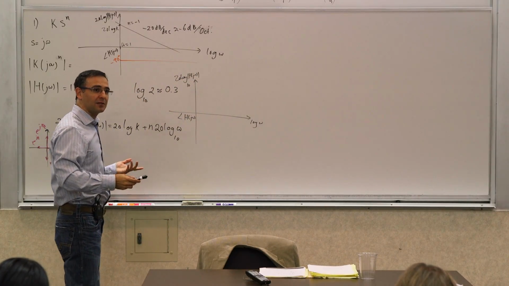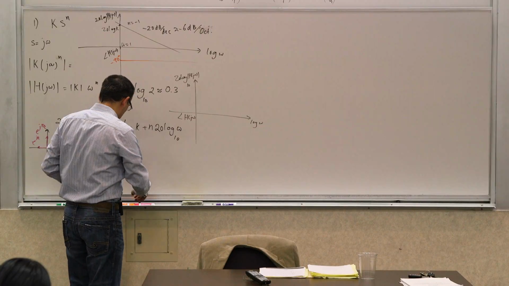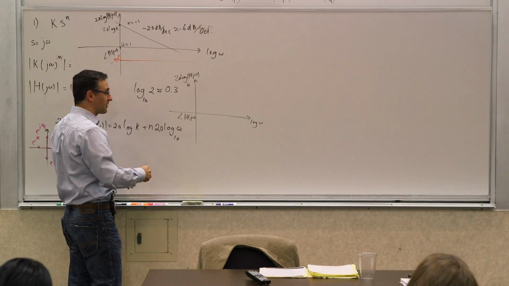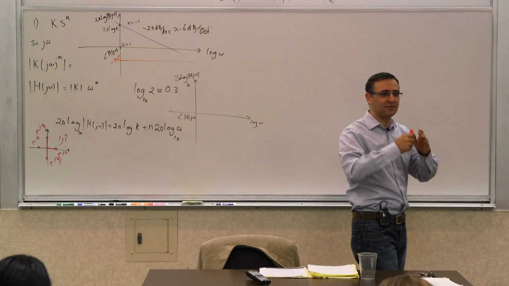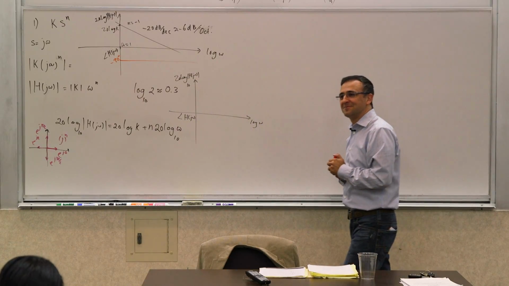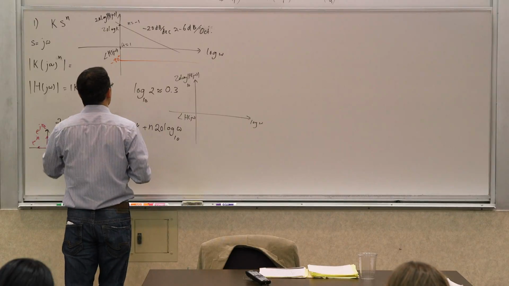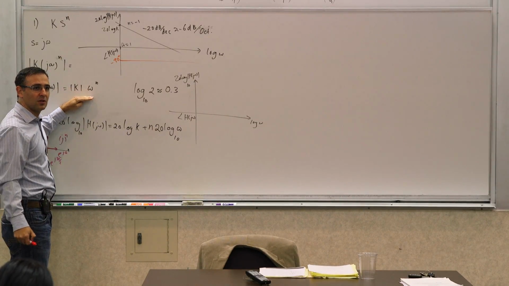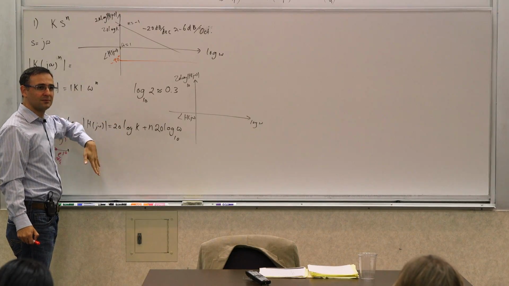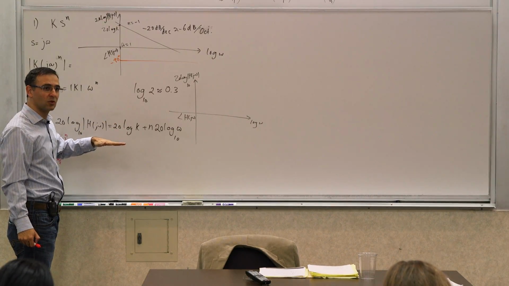So what does that look like? Well, why don't you help me? Since you asked a good question, and since no good deed goes unpunished. But let's figure it out together. So n is 2. Let's talk about the magnitude part first. Is it going to go up or down? Going up, right?